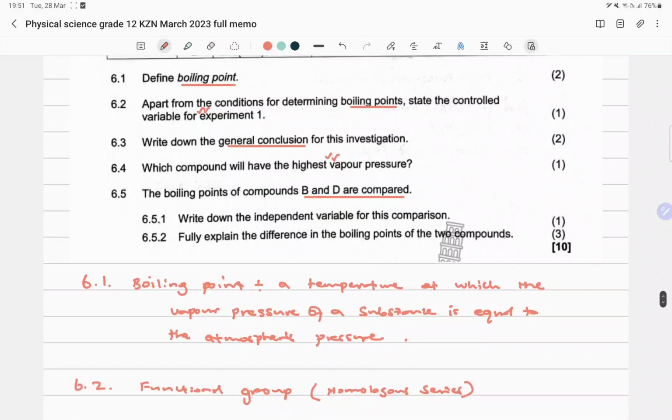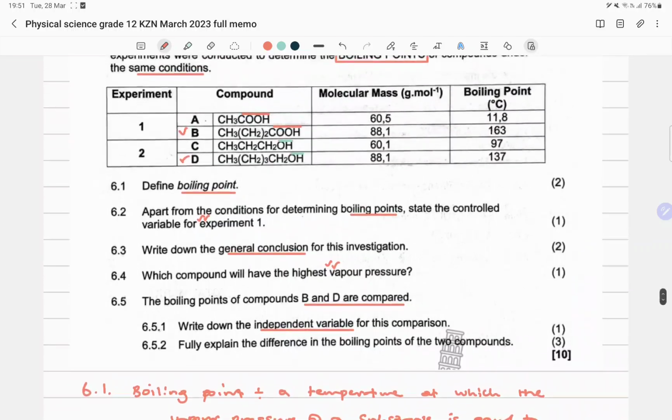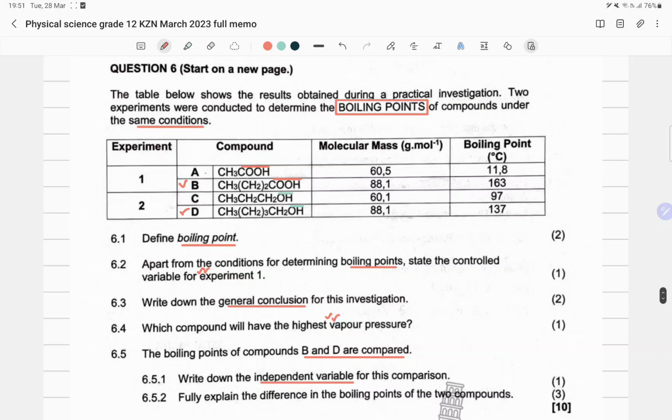Now it says write down the independent variable for this investigation. What are we changing basically? We're changing the functional groups. Because as for the chain length at this point, you can see that they are having the same molecular mass. Okay. Yeah, it is like that. So they have the same molecular mass.